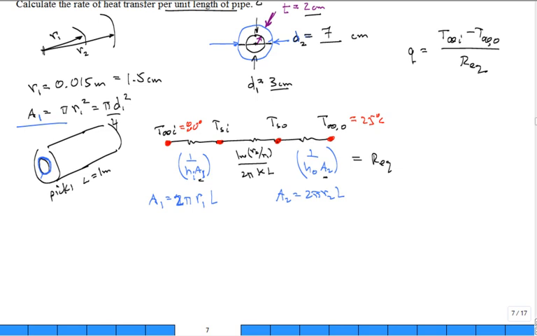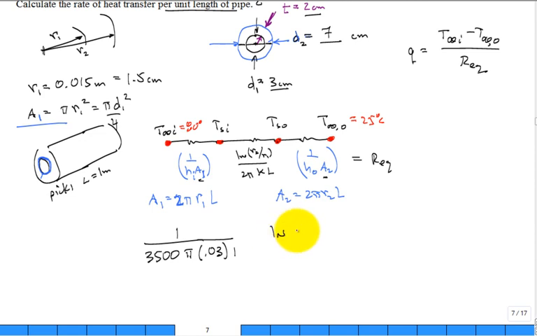All right, so now I need to finish off this problem. For this first resistor, we have 1 over 3500 watts per meter squared degree C times pi times the diameter, 0.03, times our length of 1. And then for this middle resistor, we have the natural log.